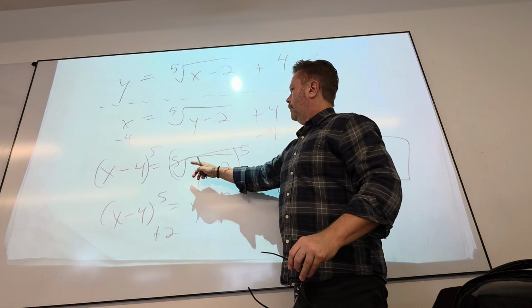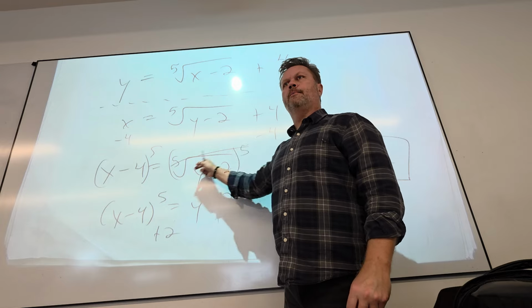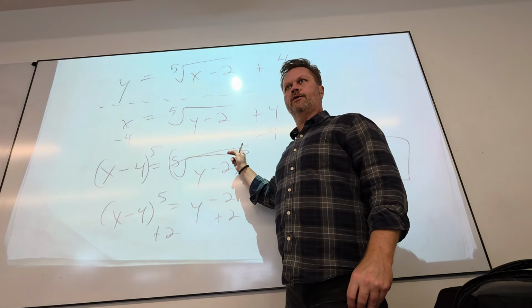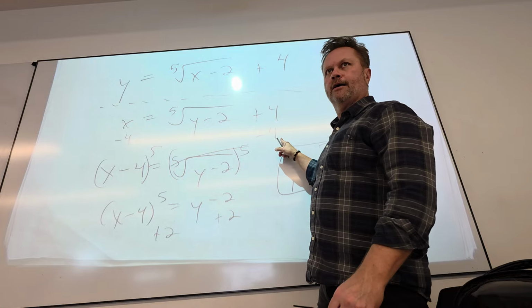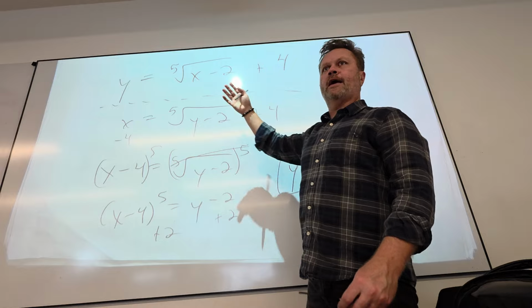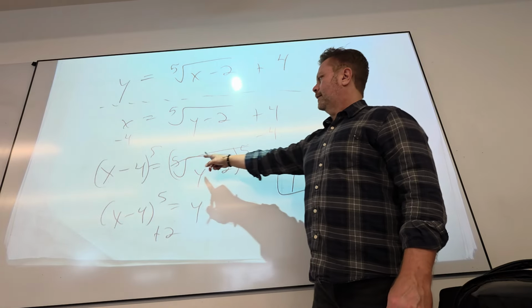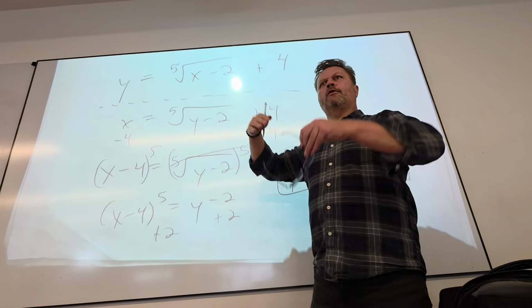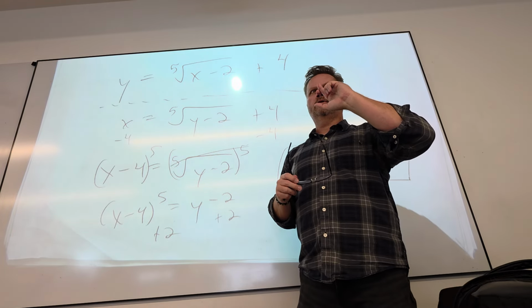The 5th root and the 5th power are opposite operations, so they cancel each other, just like subtracting 4 cancels these out. Because subtraction is the inverse of adding. So if I had a 7th root, I would apply a 7th power and so on.